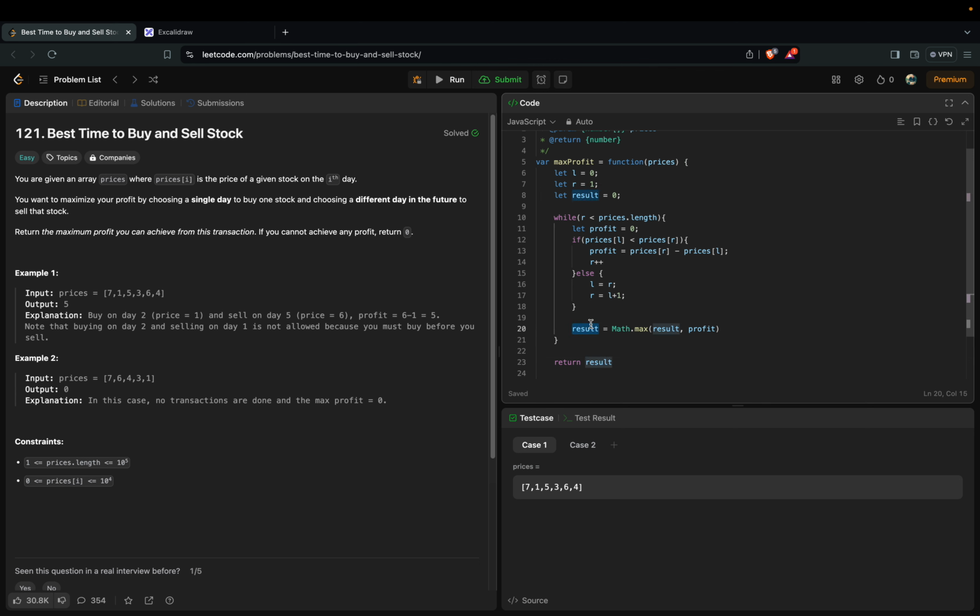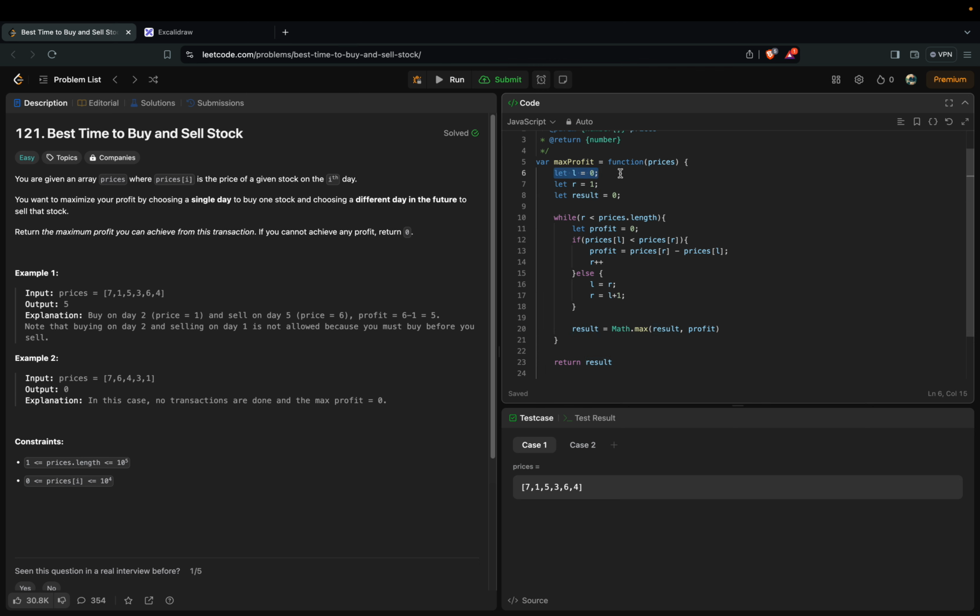So what we are doing here is storing the result, comparing the previous result with this latest profit to see which is the maximum between both of these values. That is what Math.max does for us.